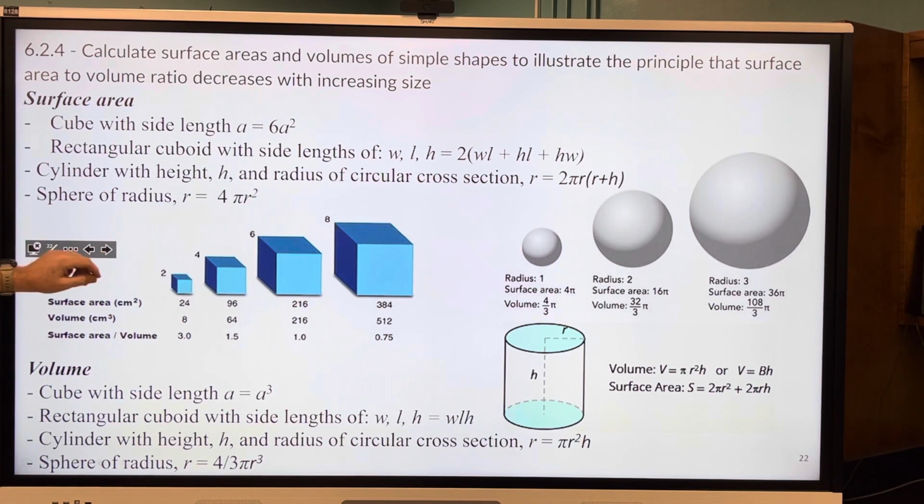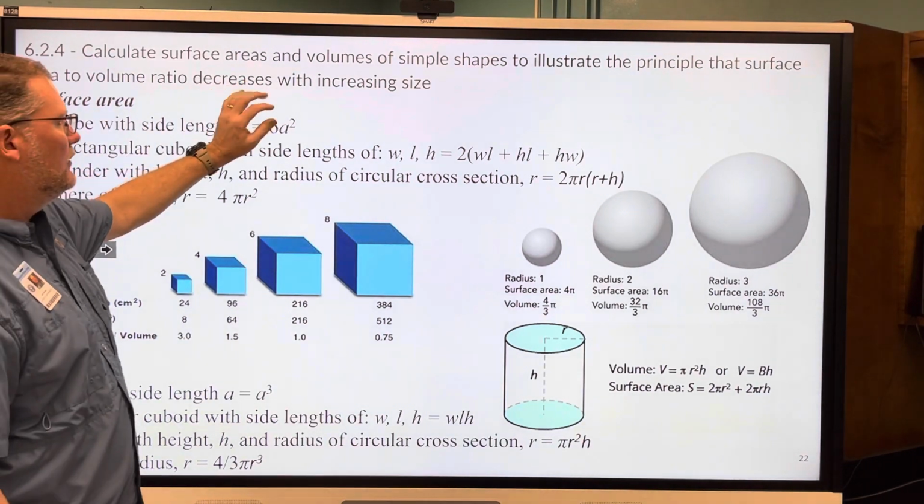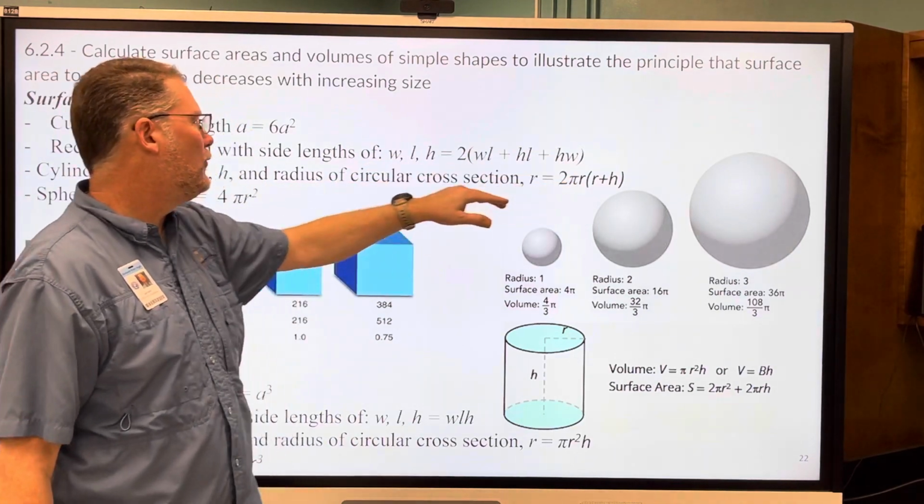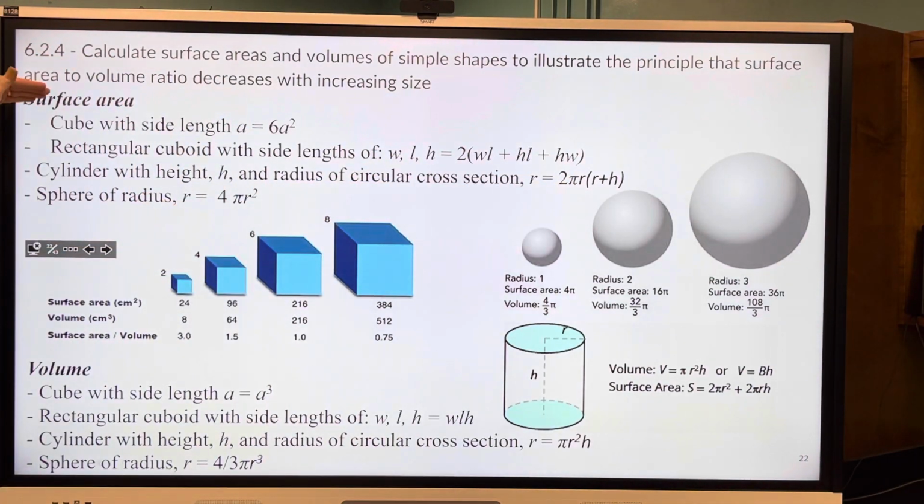All you have to do is in your notes, get down the formulae for each of the surface areas for these different shapes and the volumes for these different shapes, okay? Three-dimensional shapes. So cuboids and spheres and cylinders and cubes.